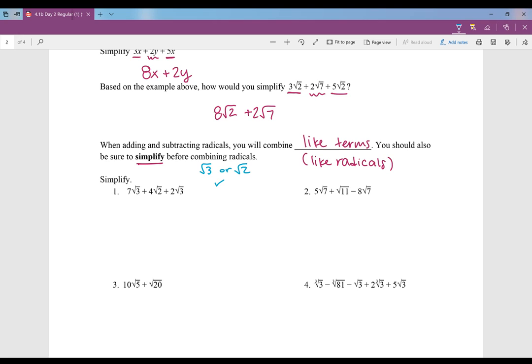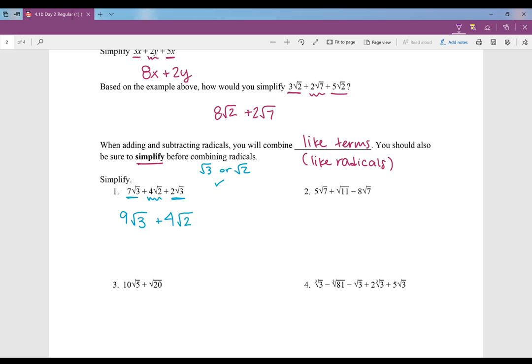So now we're going to go and combine our like terms. So here we have 7 root 3 and we have 2 root 3. So that means total we have 9 root 3s. And then our 4 root 2 doesn't have any like radicals, so that one's just going to stay 4 root 2. And that would be your answer for number 1.